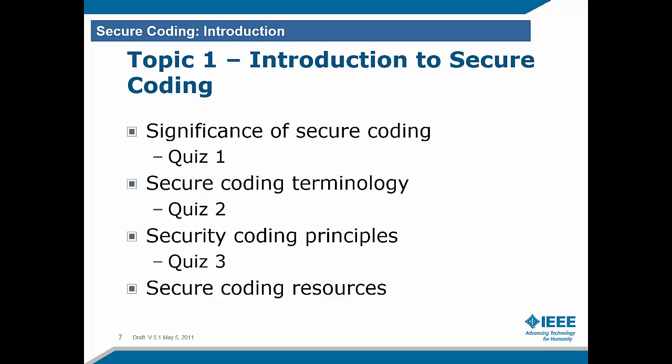It consists of 4 different sections. The first one is Significance of Secure Coding. The second section is Secure Coding Terminology. The next is Secure Coding Principles, and finally Secure Coding Resources. And the first 3 sections have quiz questions you could use to assess your knowledge.